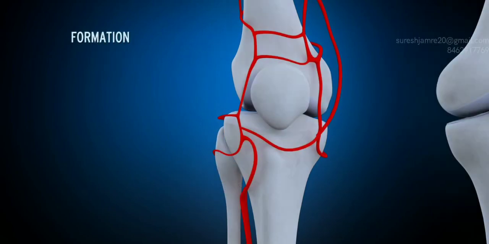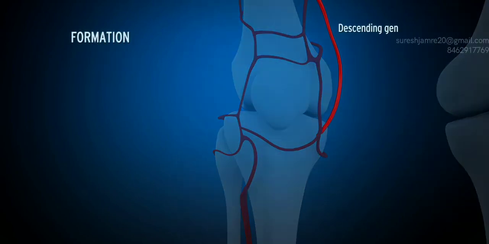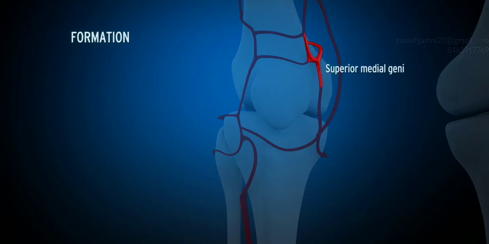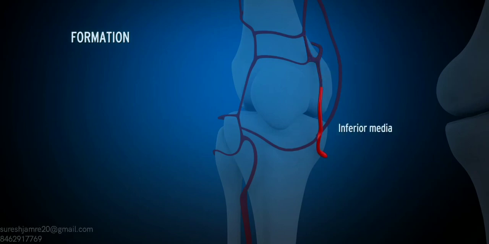Formation: medially by the descending genicular, the superior medial genicular, the inferior medial genicular arteries.